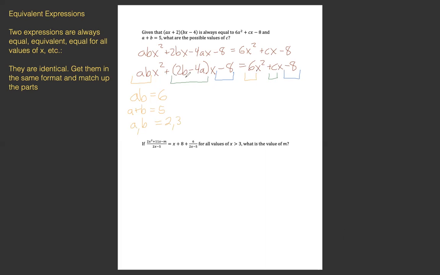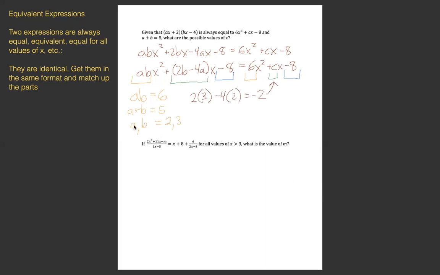Okay, let's throw those in here. So that expression will be 2b minus 4a. That's 6 minus 8 is negative 2. And so we have one value of c. C could equal negative 2. You notice the question says, what are the possible values, plural, of c?